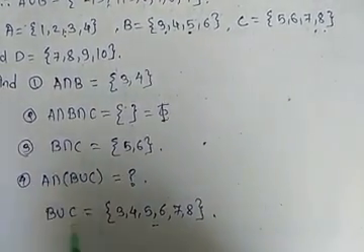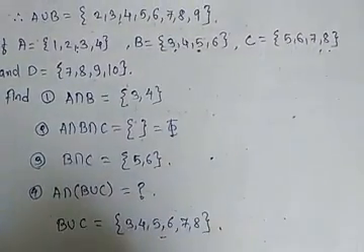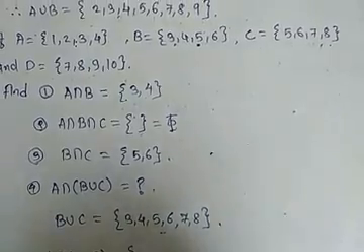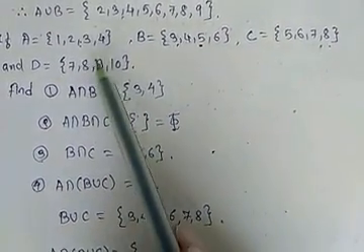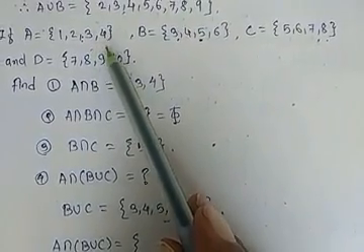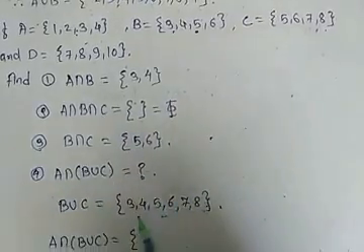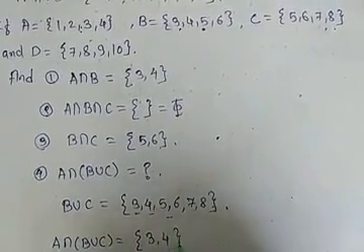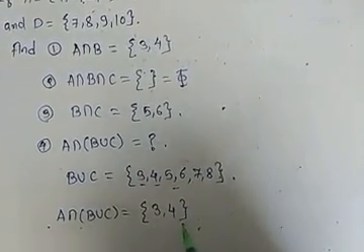So B union C will be 3 4 5 6 7 and 8. Now A intersection (B union C): from A the elements are 1 2 3 4 and from B union C they are 3 4 5 6 7 8. So the common elements are only 3 and 4. So A intersection (B union C) is {3, 4}.